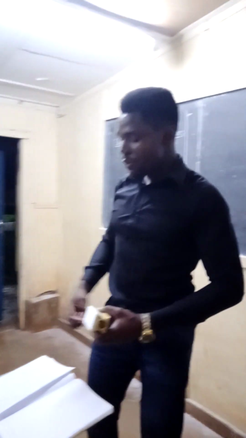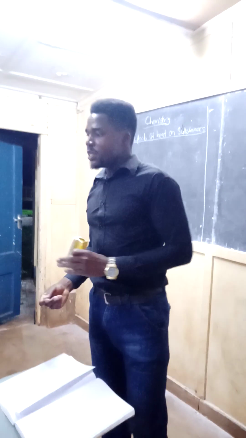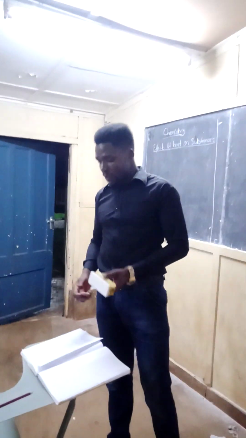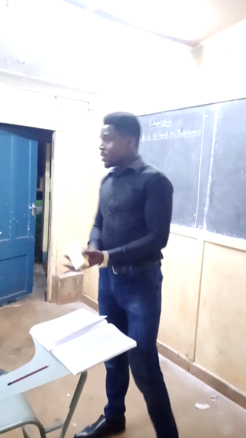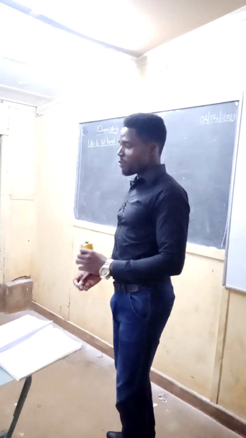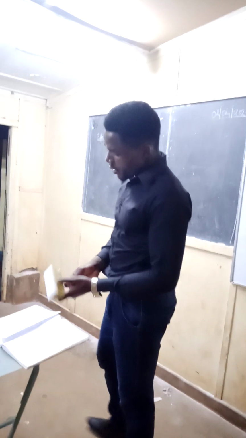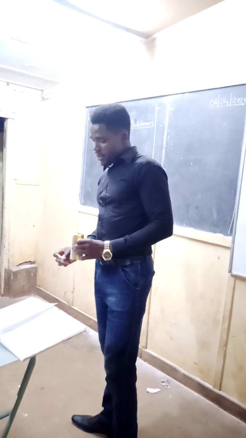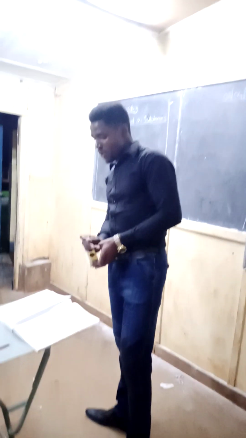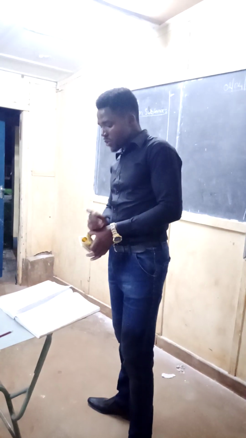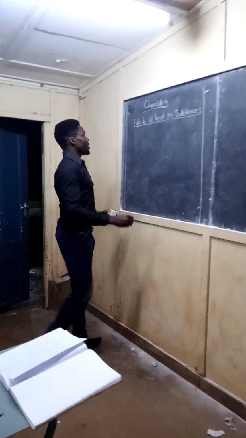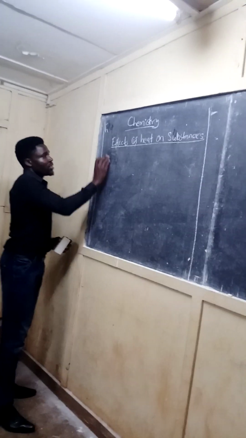But before that, we are going to have our objectives. By the end of this lesson, you must know the definition of matter, you will be able to give some examples of matter and their states, and also you will be able to discuss the melting and boiling of liquids in terms of kinetic theory. So make sure you have captured those contents.